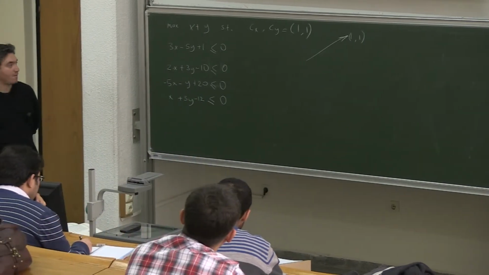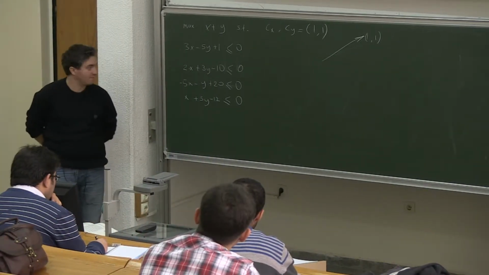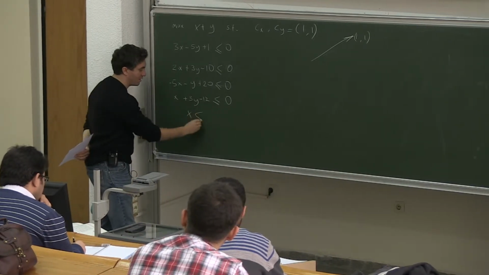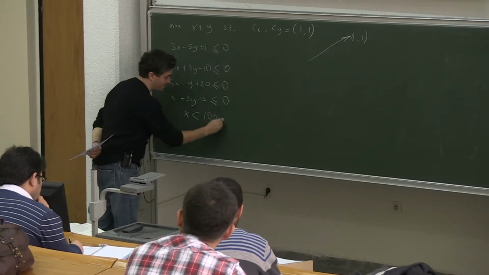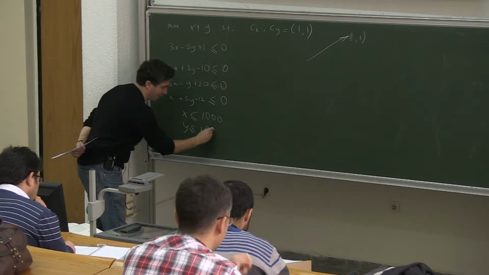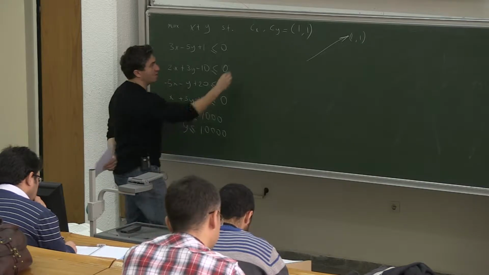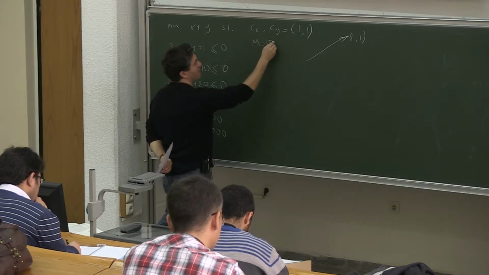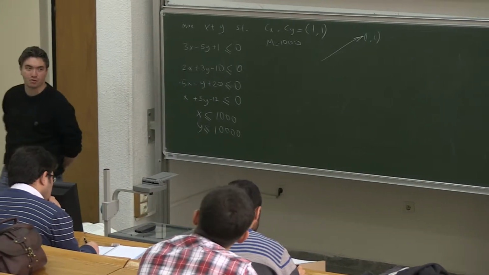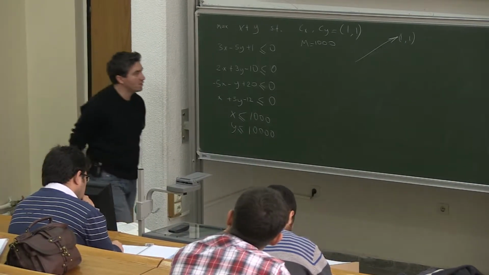Okay? So in order to bound this, we additionally add constraints such as x should be less than or equal to 1000, y should be less than or equal to 1000. These two we say m is equal to 1000, and we add these additional two constraints, which is going to bound our problem.